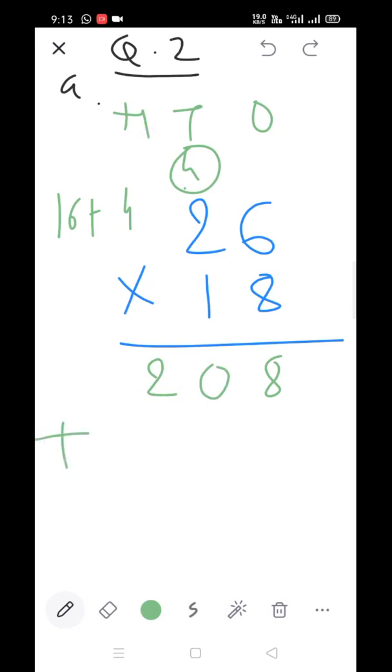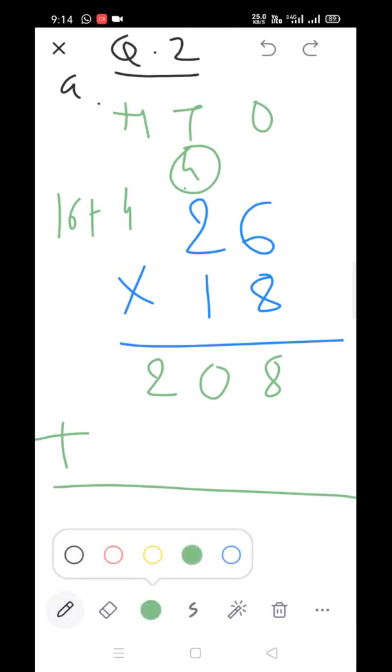Now multiplication of 1 with 6, but 1 is on the tens place. So firstly we put a 0. Then 1 multiply by 6. 1 six is 6.